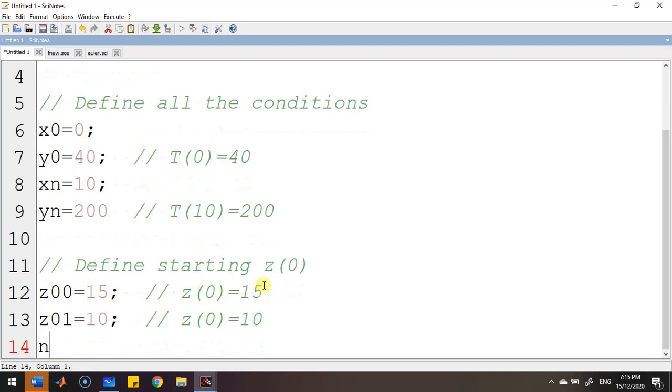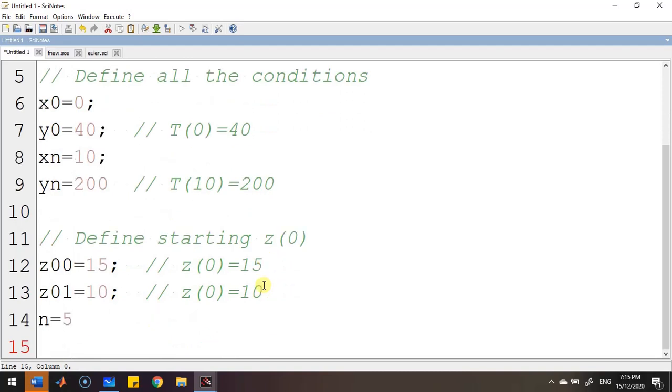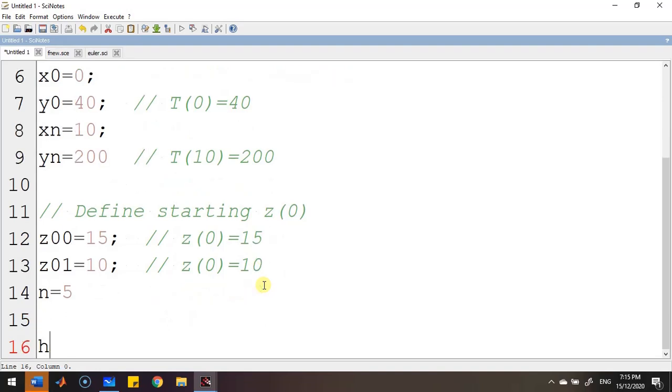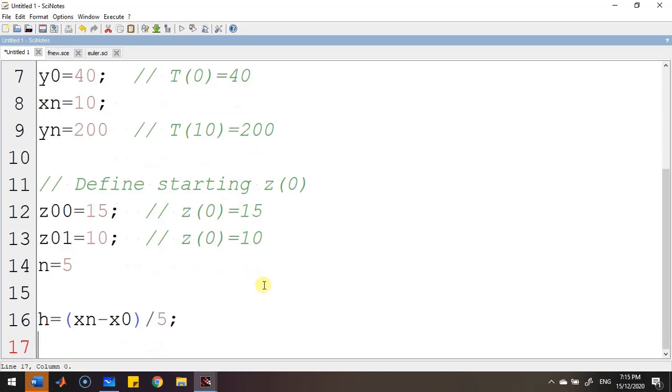And I have 5 iterations. So how do I compute the step size? First, to find the step size h, I have xn minus x naught divided by 5. So my h is 2. Then I'm going to set the initial condition as a vector.